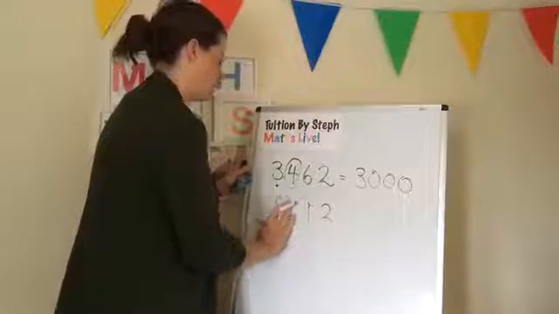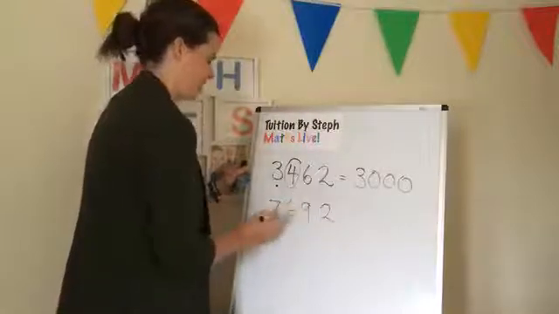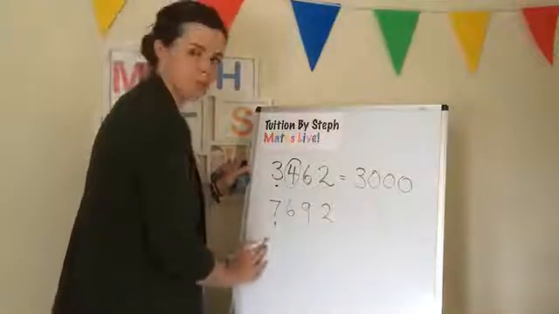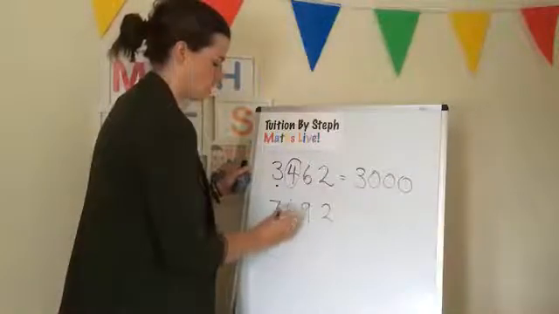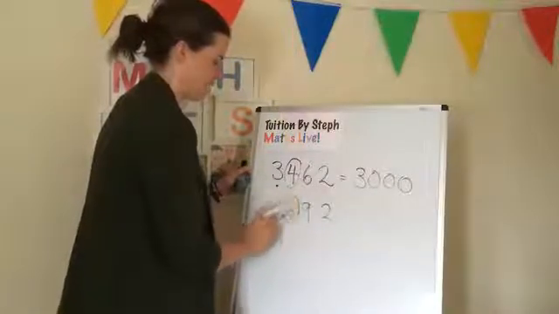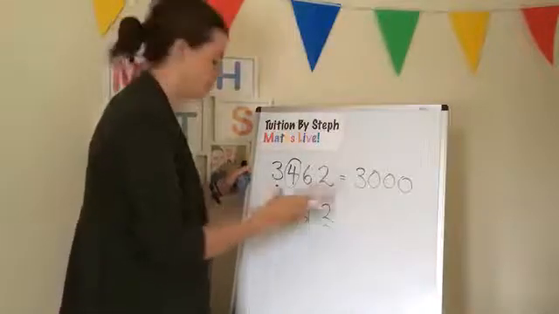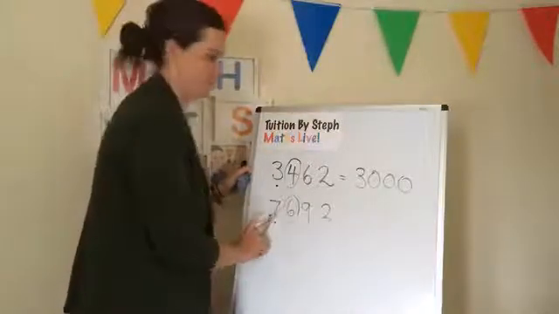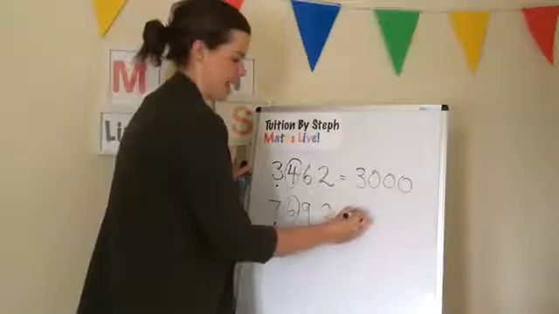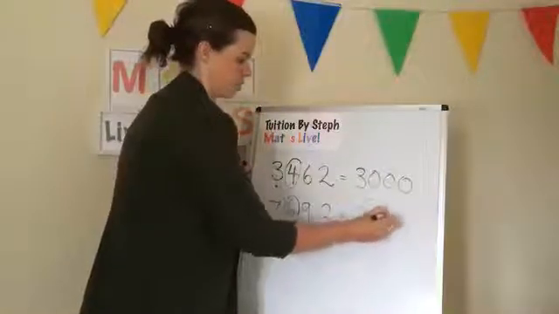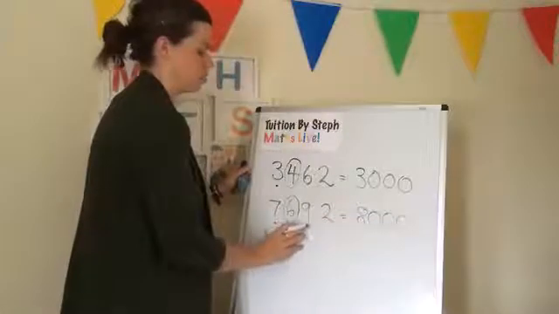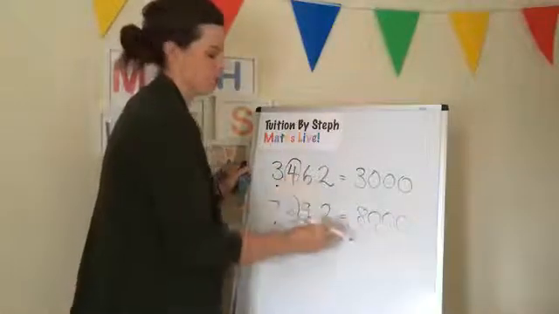I'm going to change that because I just used the same one. So this is the thousands column. This is the hundreds. The hundreds tells us what to do because it's the next digit to the right. 6 tells us to round up. So rather than staying in the 7,000s, we go up into the 8,000s. So 7,692 to the nearest 1,000 is 8,000.